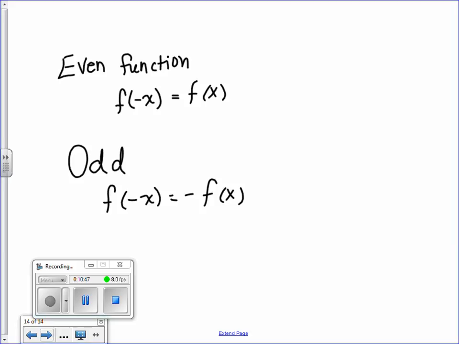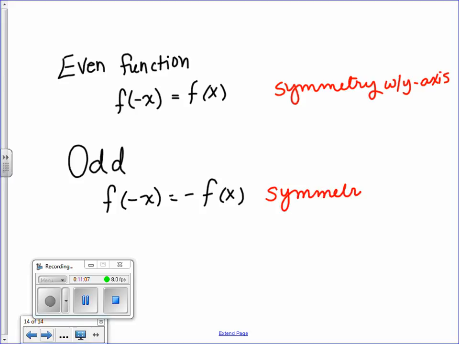And just like we were talking about symmetry, an even function has symmetry with the y-axis. And an odd function has symmetry with the origin. We did this last year also. Obviously, it was one of the easiest things we did.